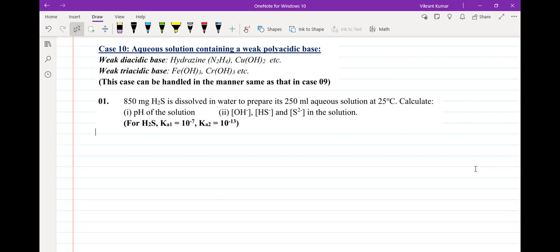HS minus 10^-4. Yes. S2 minus 10^-14. Yes, 14.